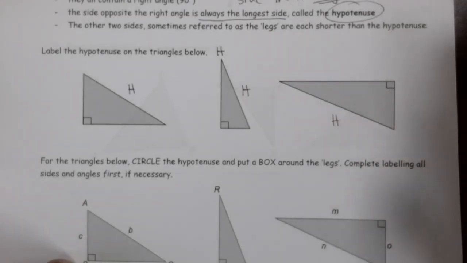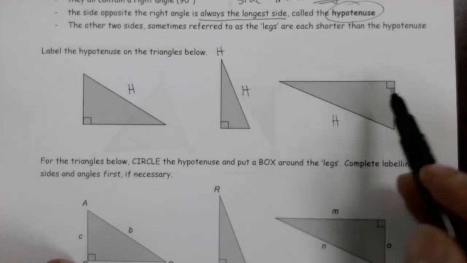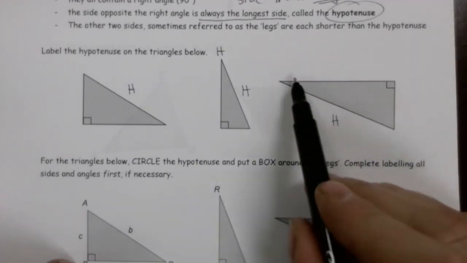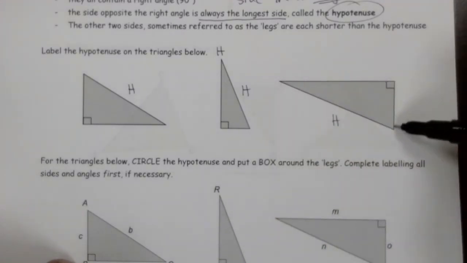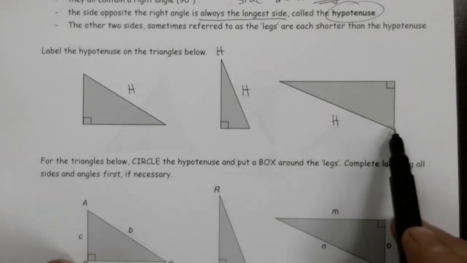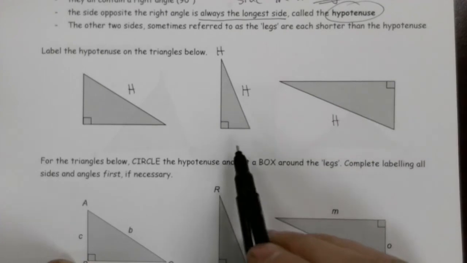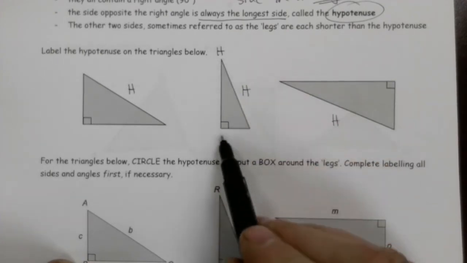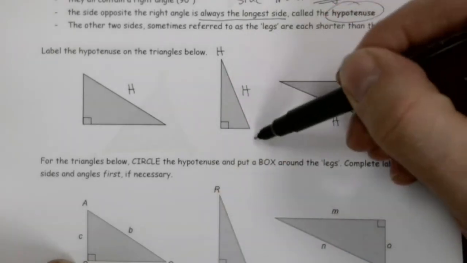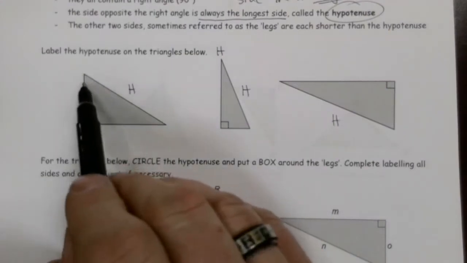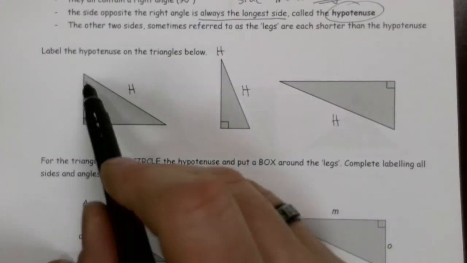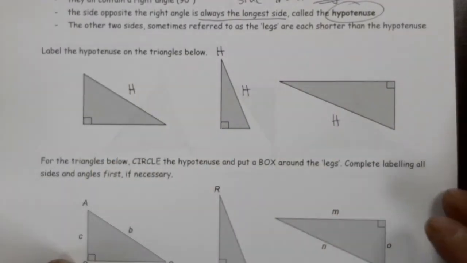Now, if you're unclear of what we mean by opposite, another way of thinking about it is this. To create this right angle, I need this side and this side. This is the one that I didn't need to create that right angle. This is the opposite side. So for here, these two sides were used to create the right angle. This is the opposite side. These two sides right here were used to create the right angle. This is the opposite side.